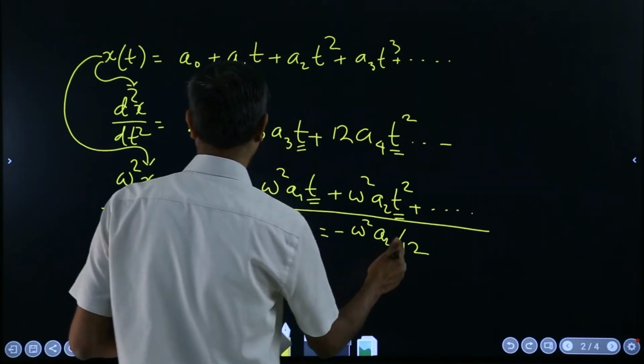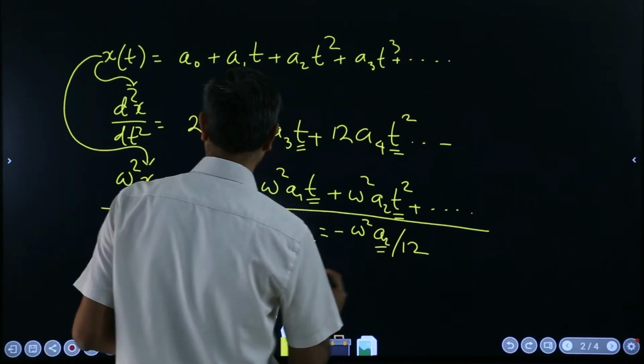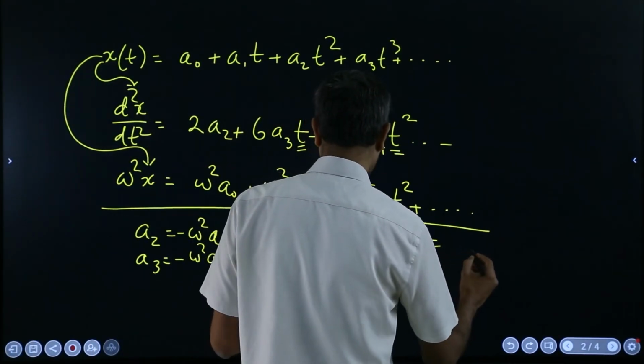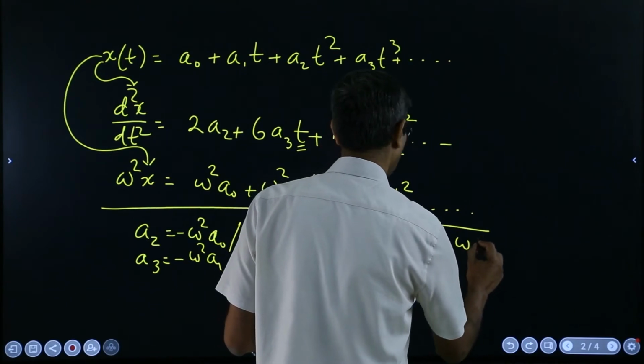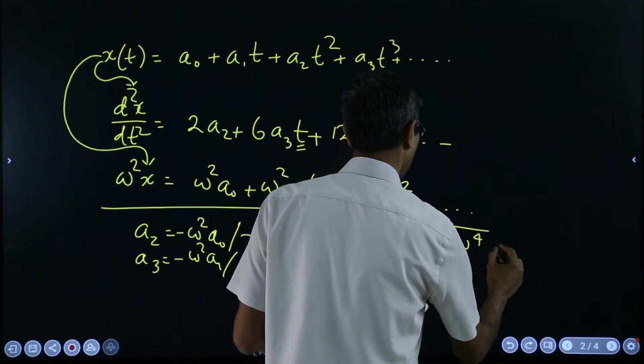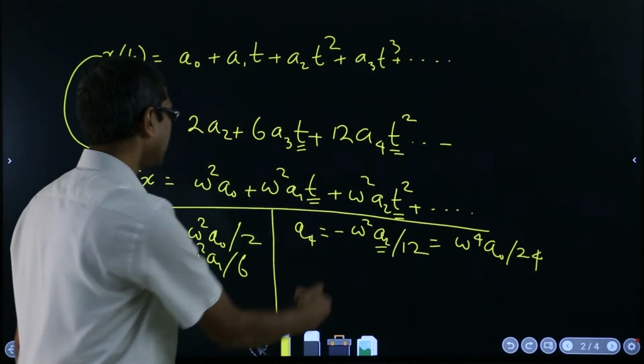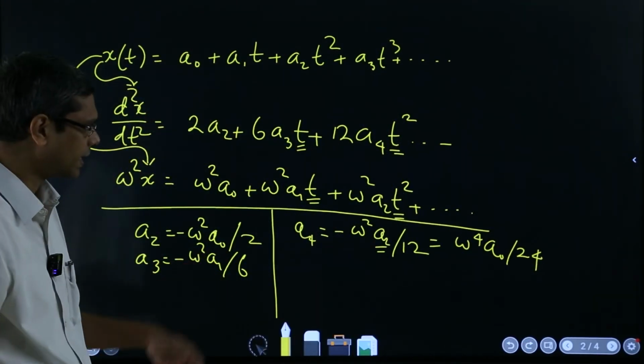Here a2 is in terms of a0 again, so you can write a4 in terms of omega to the 4 a0 over 24, and like that, and then you can keep on calculating the next terms.